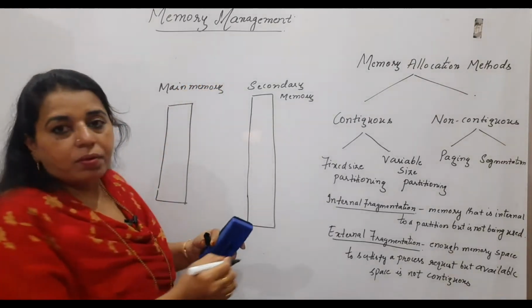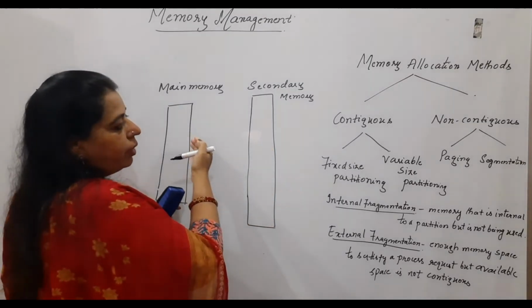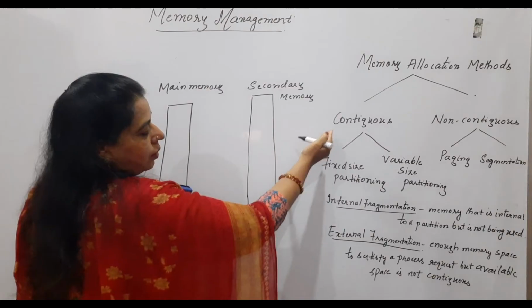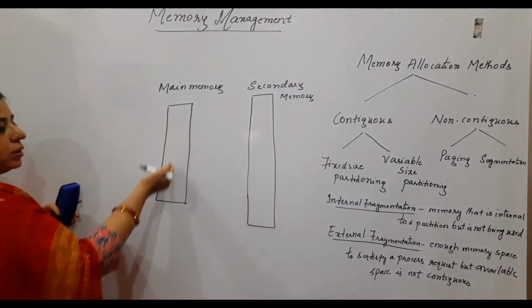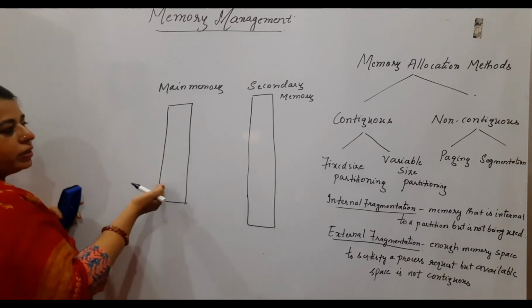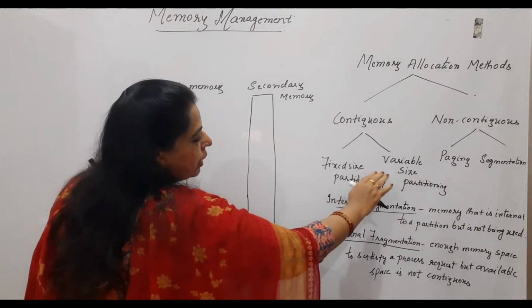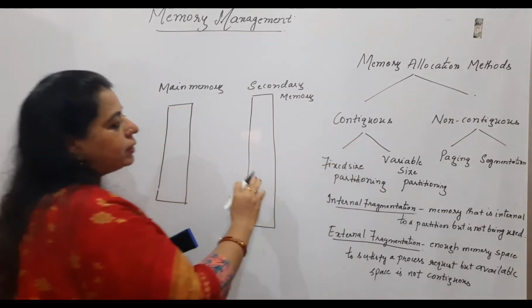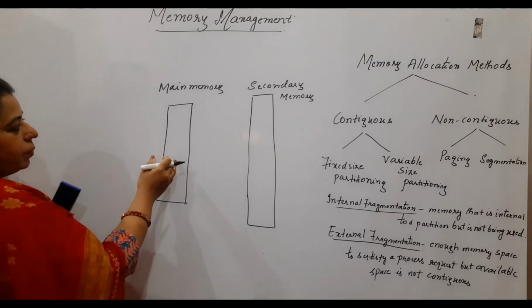Now one method wherein you can move the processes to the main memory is the first type, contiguous. That means all the processes will be moved in a contiguous fashion. But once again, in contiguous you have the fixed size and variable size. Contiguous means completely allocating memory to the process.